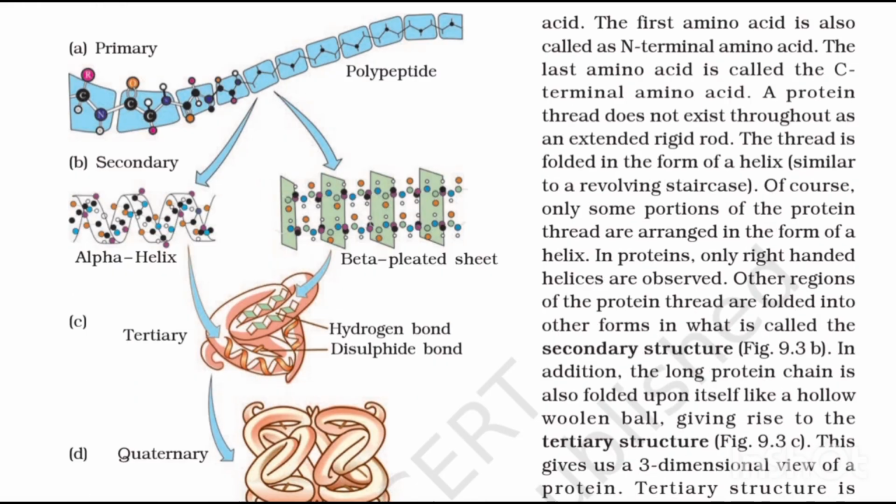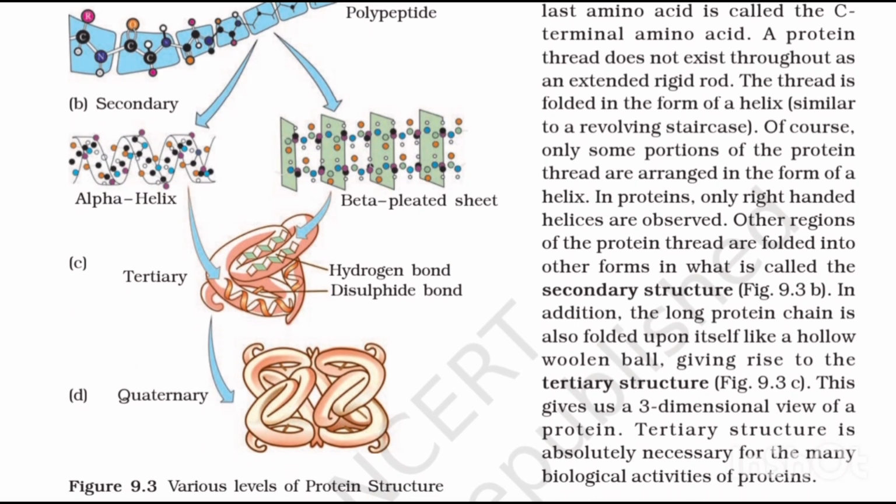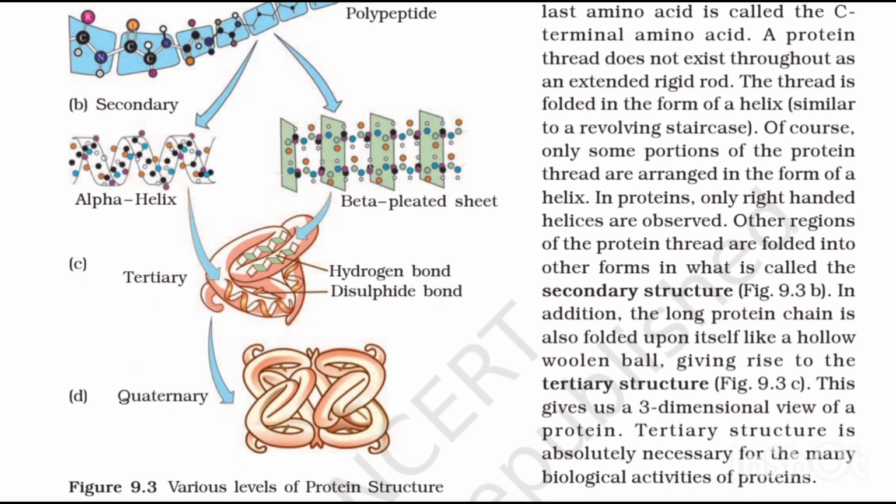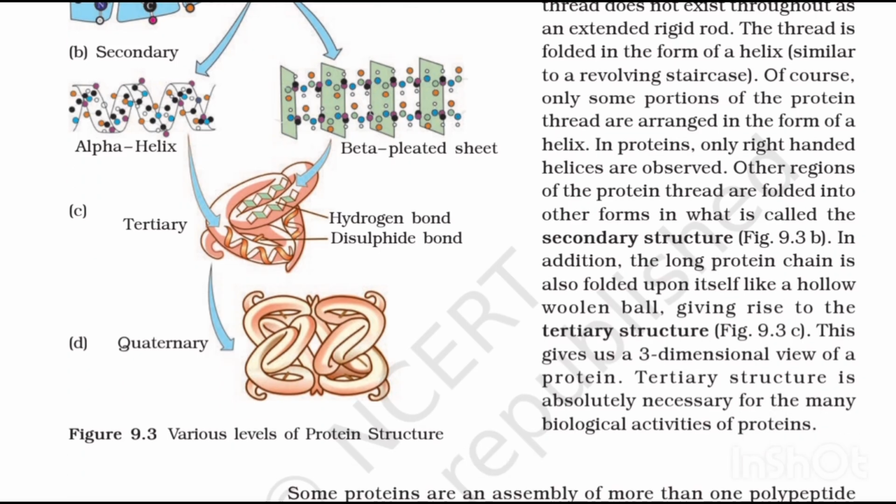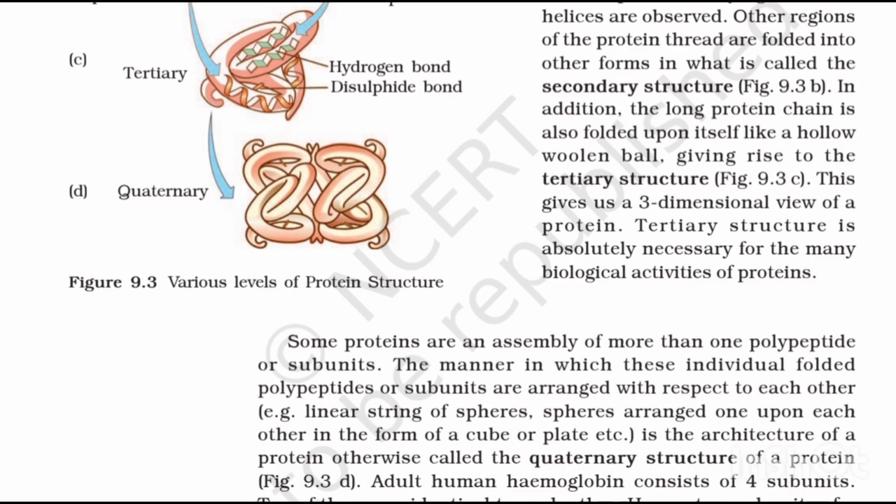In addition, the long protein chain is also folded upon itself like a hollow woolen ball, giving rise to the tertiary structure, which can be seen in figure 9.3c. This gives us a three-dimensional view of a protein. The tertiary structure is absolutely necessary for the many biological activities of the protein.